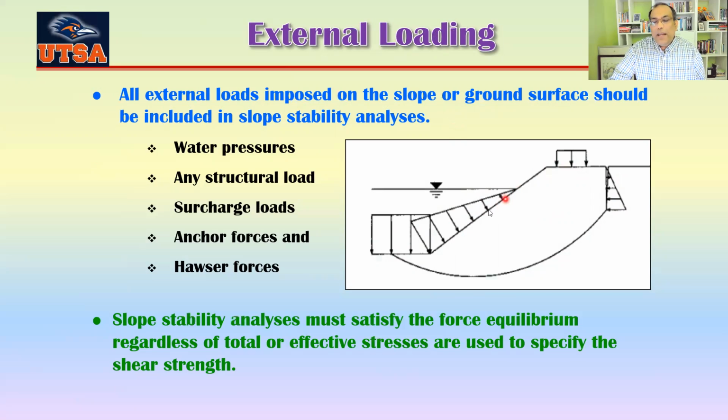So you have to find out how much of this one is going perpendicular to that surface here, okay? And you can see the water pressure is here. And if you have any surcharge on the slope, then you have to show that one here. If this is a road embankment, then there will be a lot of traffic loading that you have to show there.